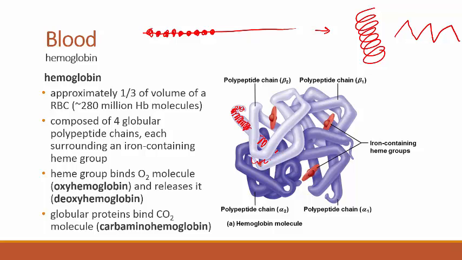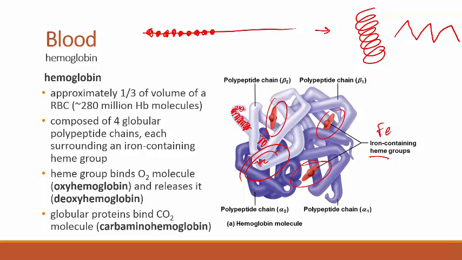So there are 4 of these chains of amino acids found in a hemoglobin molecule, and they fold up into a very specific shape, and those 4 chains then surround 1, 2, 3, and then here's the 4th of them, 4 heme groups that have at their core an iron ion. It's this heme group that is capable of binding oxygen and then releasing oxygen.